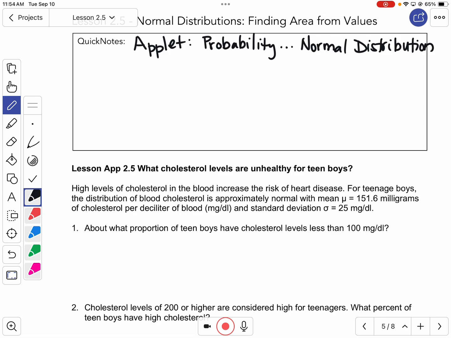So in our applet, probability, and then choose the one that says normal distribution. We'll always input the mean and the standard deviation. Okay, so that's the information that we have to tell it. All right, the mean and the standard deviation.